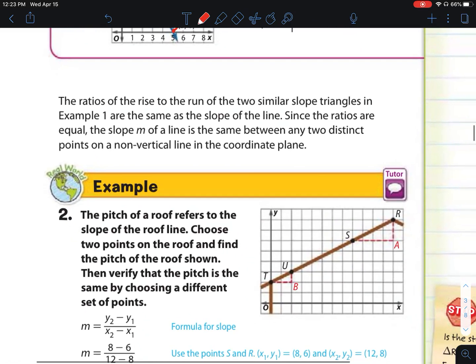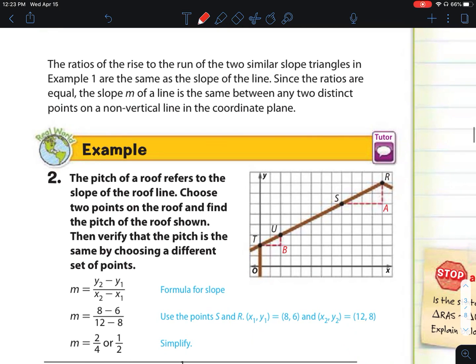The ratios of the rise to the run of the two similar slope triangles in example 1 are the same as the slope of the line. Since the ratios are equal, the slope m of a line is the same between any two distinct points on a non-vertical line in the coordinate plane.